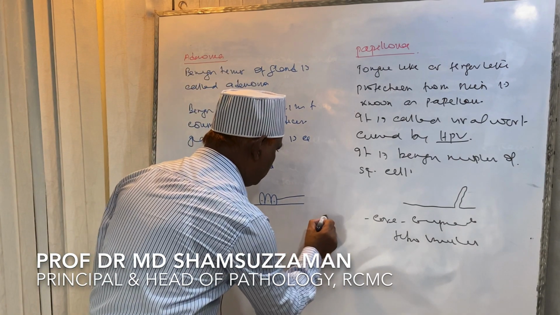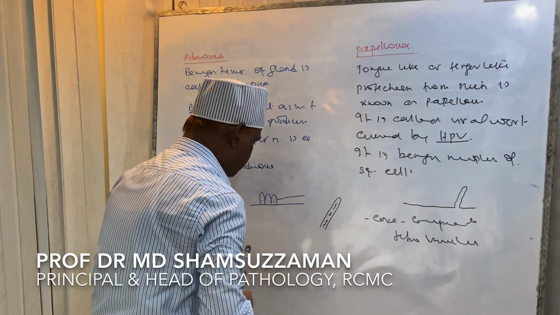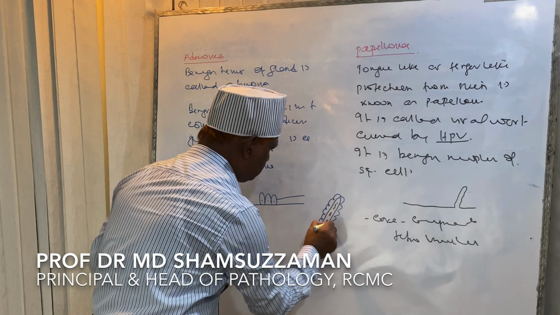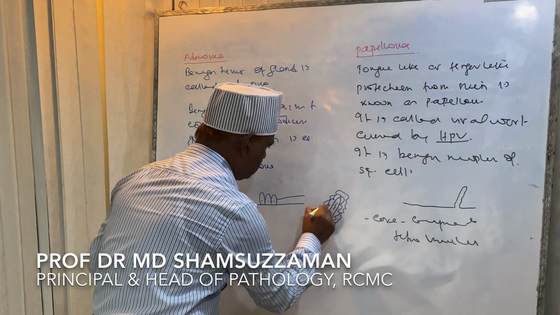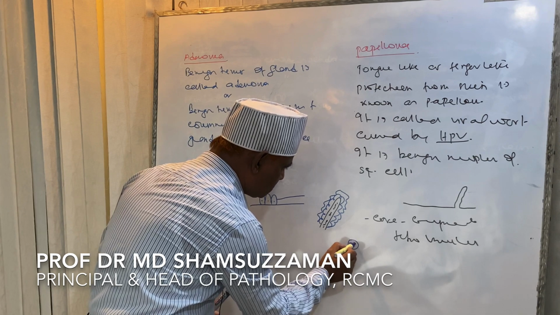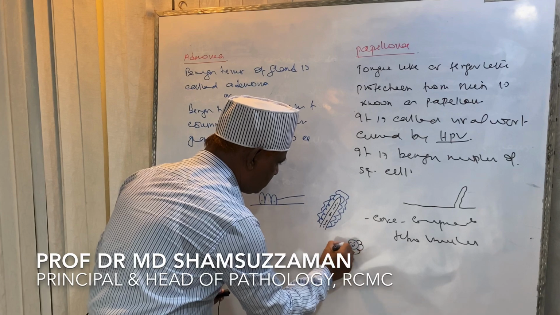So, in the longitudinal section, this is the fibrovascular core and it is lined by stratified squamous epithelium like this. In the cross section, this is the fibrovascular core and it is lined by stratified squamous epithelium.